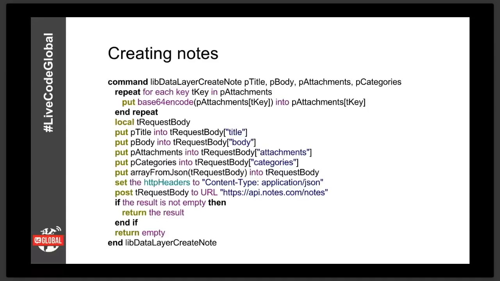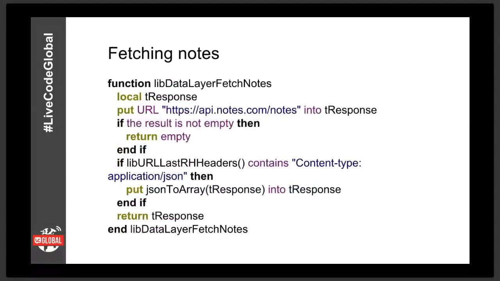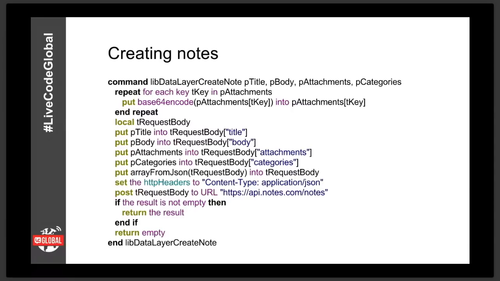Then make sure we encode our array to JSON, and then build a request body. Notice that we're setting the HTTP headers property. This is exactly the same as we've seen previously, but this time rather than the server telling us that we're receiving JSON, we're telling the server that we're sending JSON.